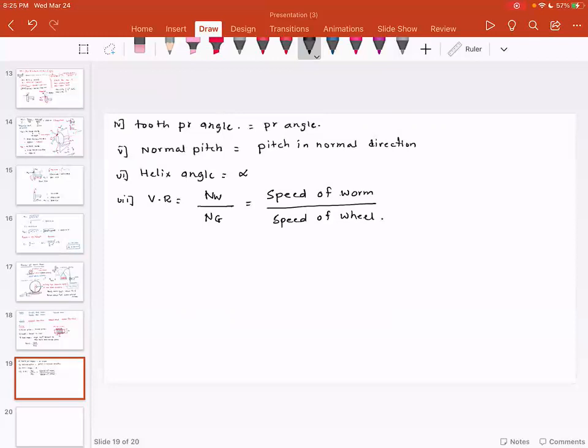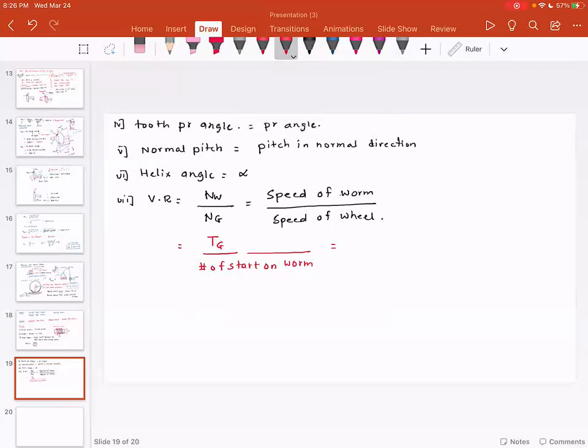And alternatively, this is an important relationship. Please understand, in the case of gears, we have number of teeth that is relating to the speed. But only in the case of worm and worm wheel, you have number of teeth on the gear divided by number of starts on worm.